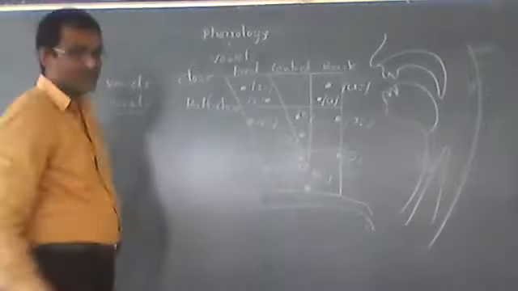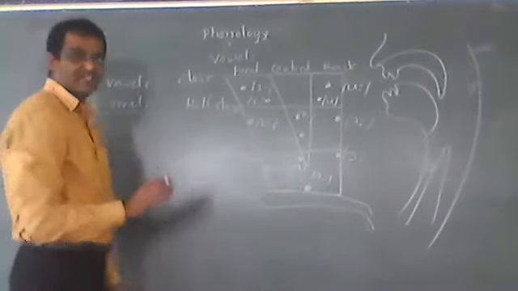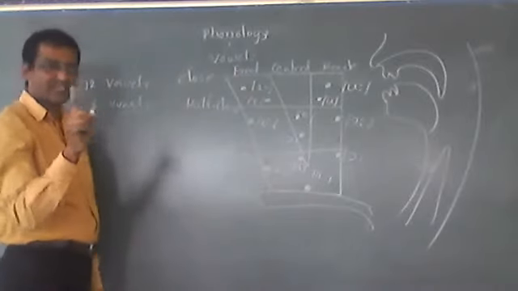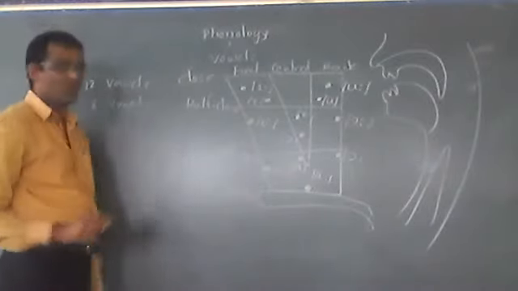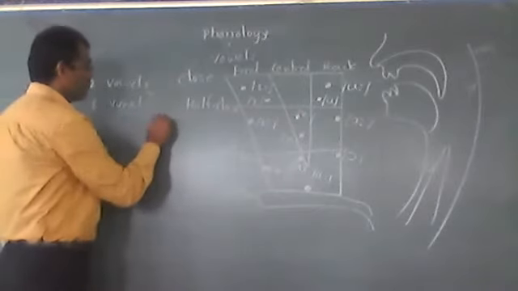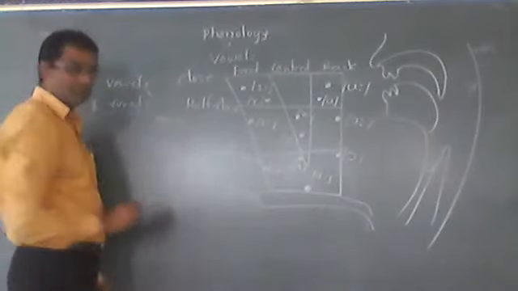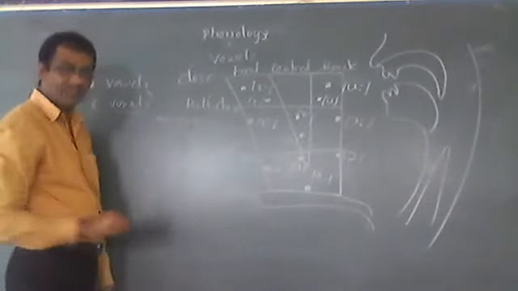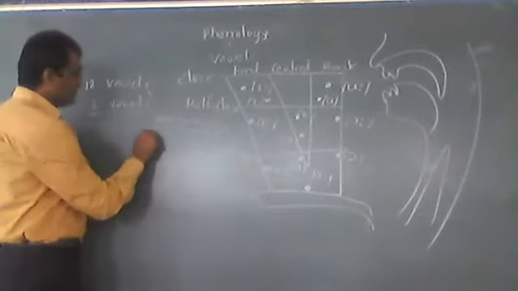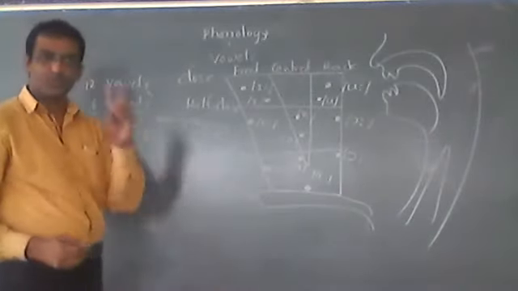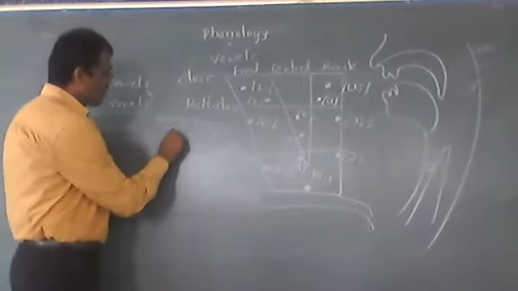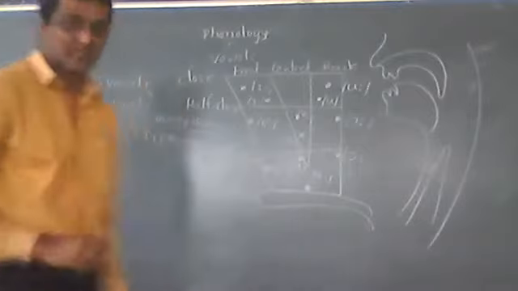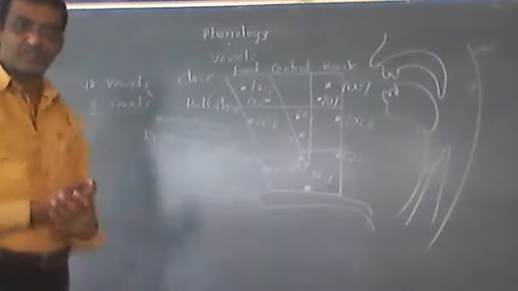But there is a difference. These vowels are solo, meaning single, and that is what forms monophthongs. Thongs means vowel, and these 8 are di. Di stands for two. So these are called diphthongs.